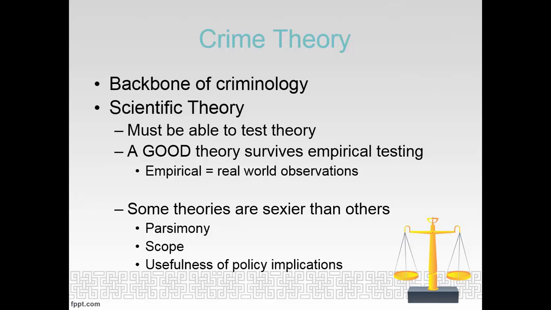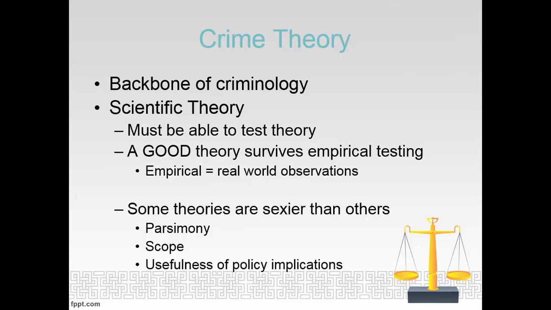Well, what's the policy implication? To end capitalism, and you'd have to do that by armed revolt against the government and institute a socialist state. Is that going to happen in the next 10 years in the United States? Probably not. So how useful is that as a policy implication?